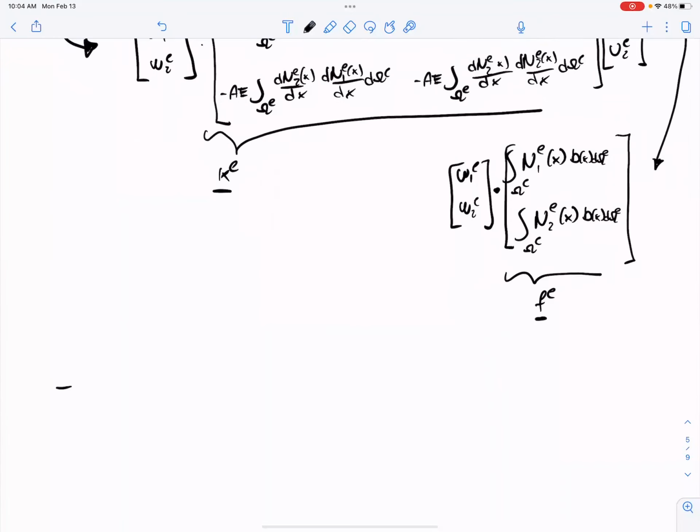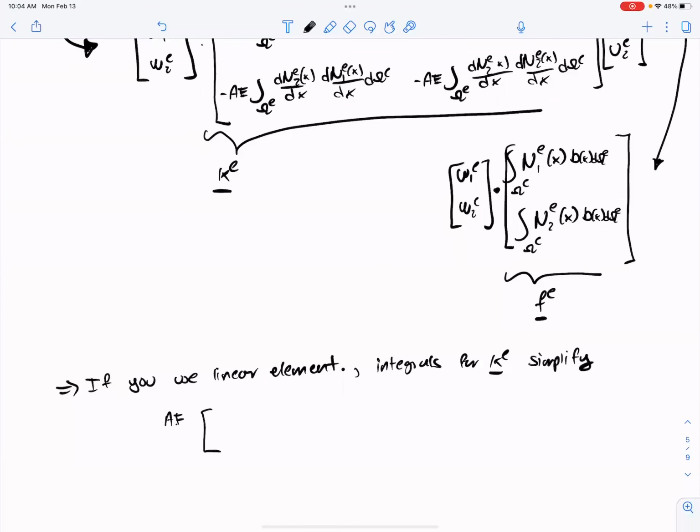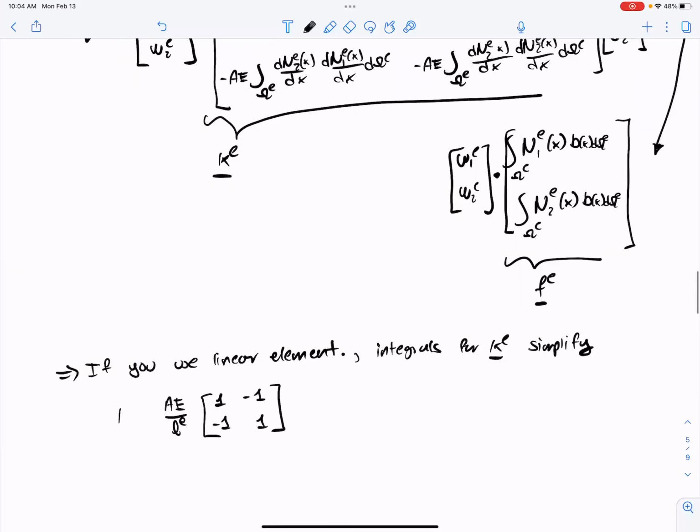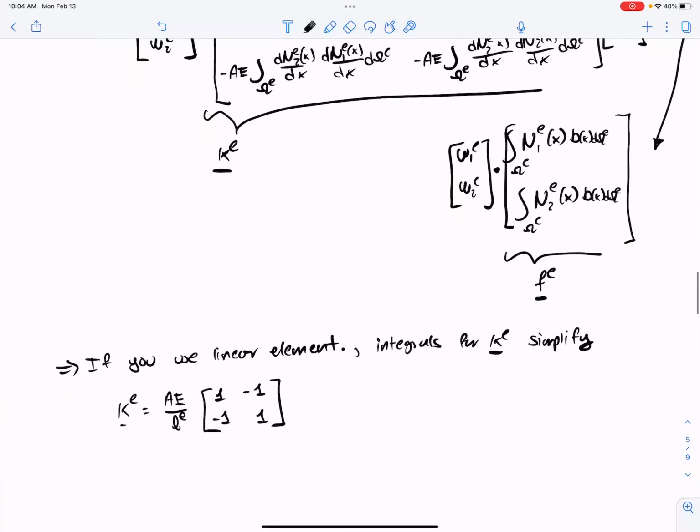And so what I can tell you is that if you use the linear element, then those integrals actually simplify quite a bit. And you end up with AE. Actually, the only thing that is left out of the integrals is the length of the element. And then you end up with the same as the truss element.